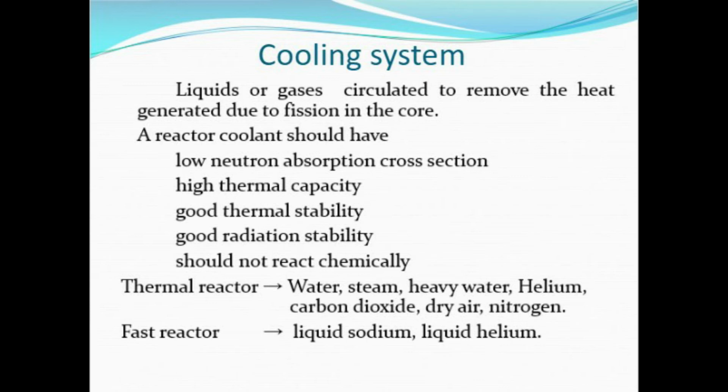In thermal reactors, ordinary water, steam, heavy water, carbon dioxide, dry air, nitrogen, helium are frequently used as coolants. In fast reactors, liquid sodium or liquid helium is generally used as coolants.